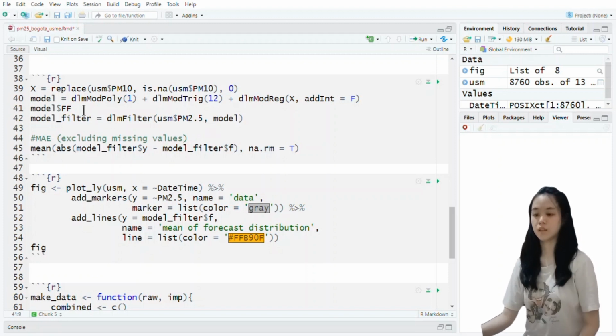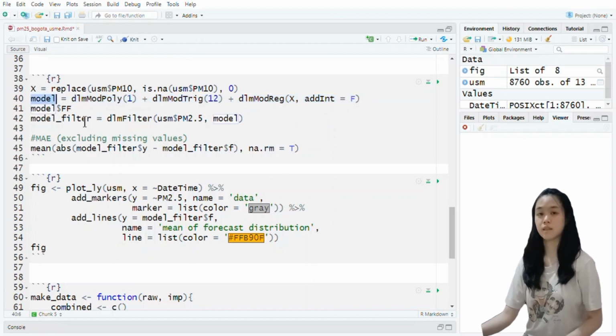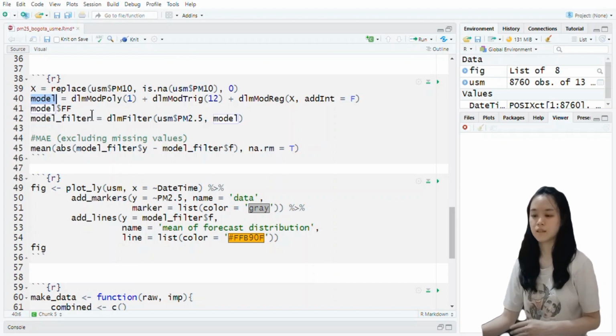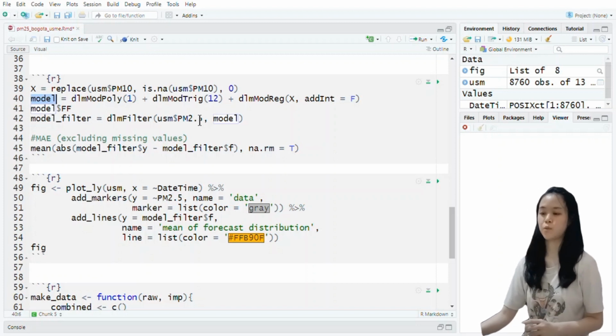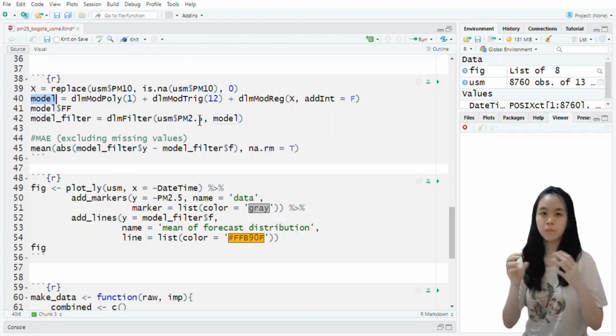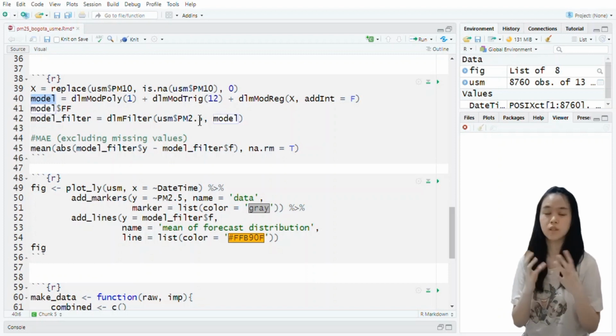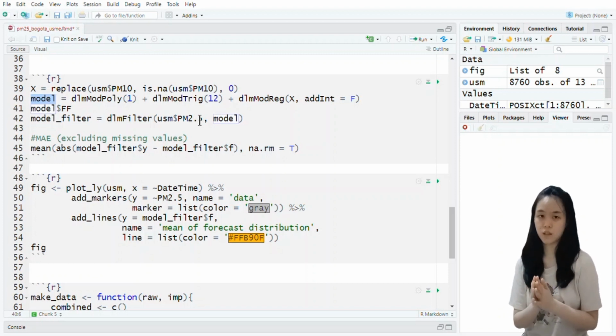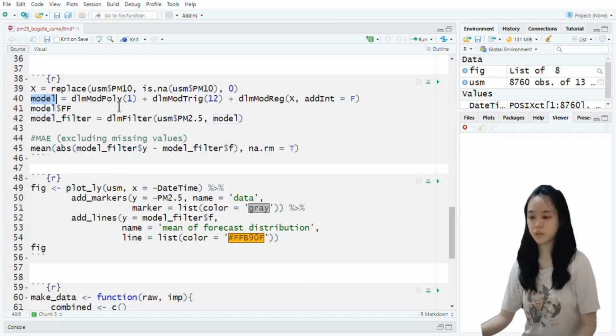Okay, now that we're done discussing each component of the big model, now we can add them together into a big model. As I said earlier, by adding these components, we are actually stacking the matrices, or concatenating the vectors into a large matrix, a large vector. That's what we're doing here.